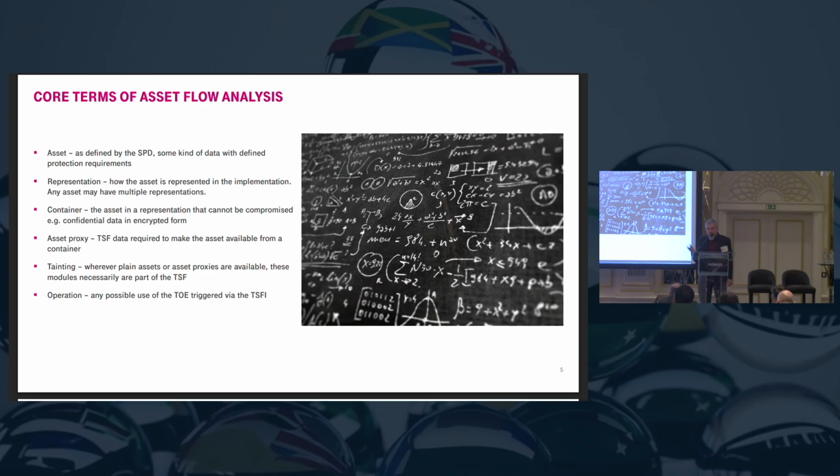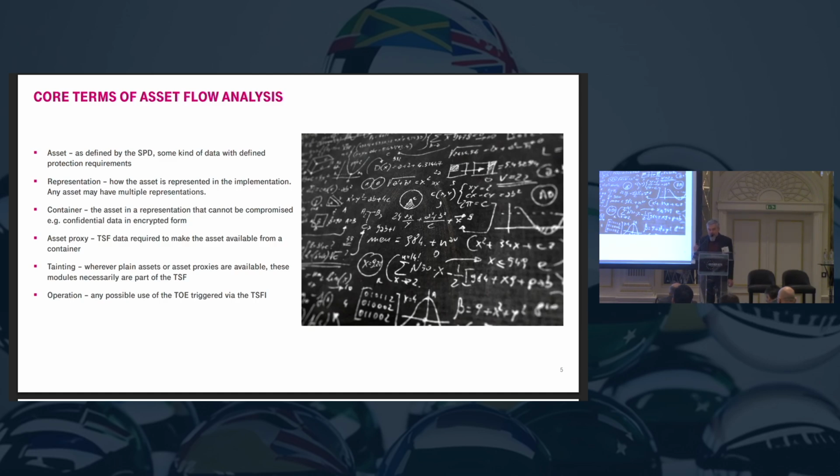At this point, of course, when you look at what is security enforcing, what is supporting, what is non-interfering, what is even probably marked as non-TSF, that's quite simple. You see if there is an asset and its process is probably enforcing.